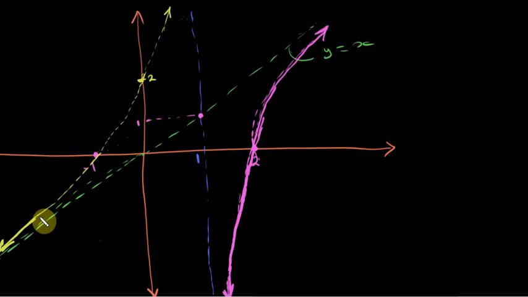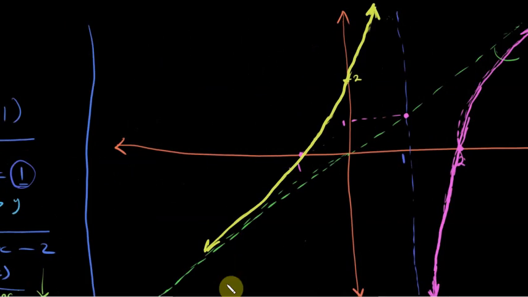So our graph will look something like this, going to infinity, minus infinity, to infinity, minus infinity.